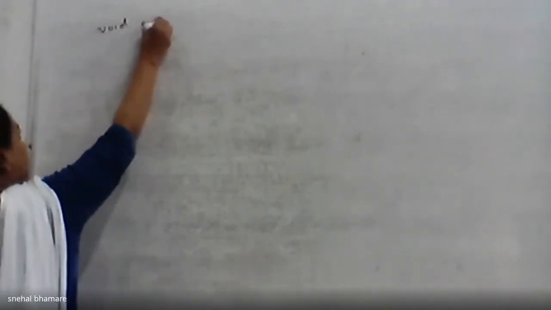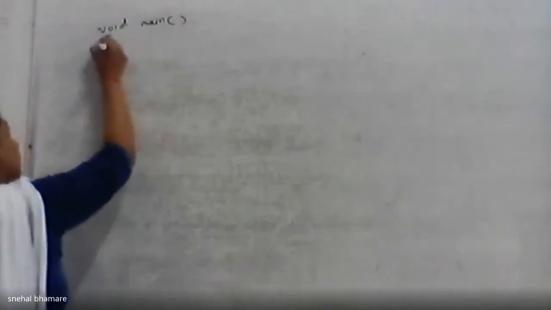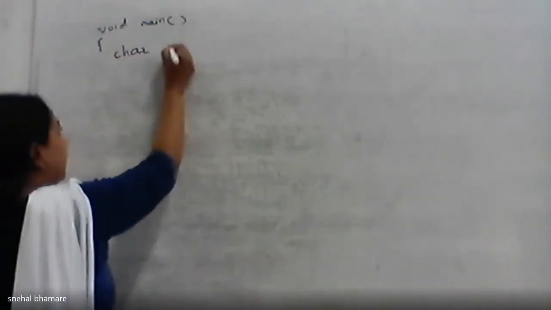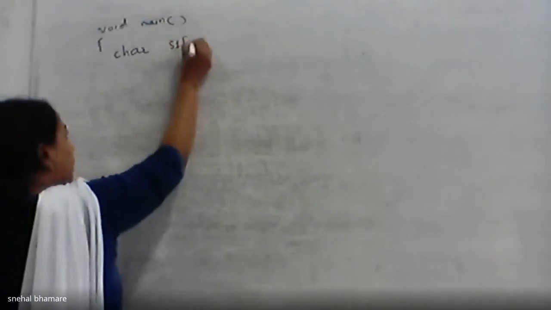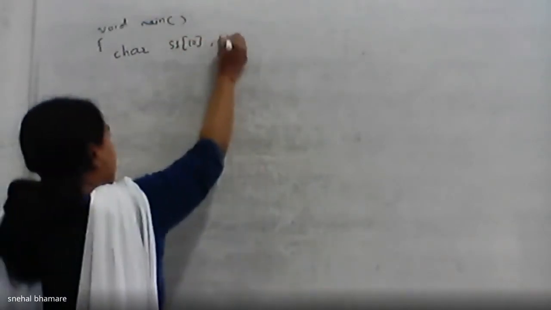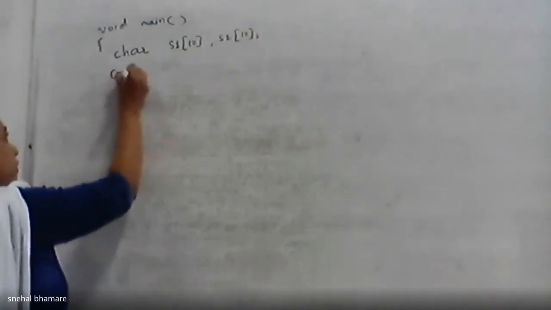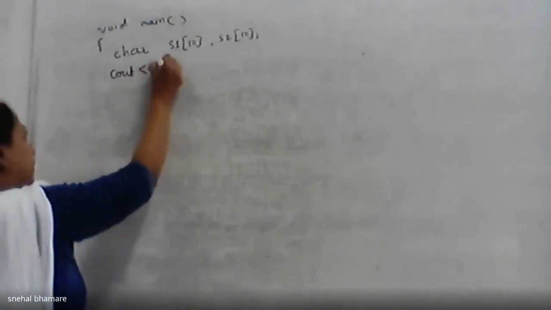So at the starting, void main, we will require two string arrays, character arrays, let's say S1 size 10, S2 size 10. Fine. After that, display a message to the user to enter the first string.